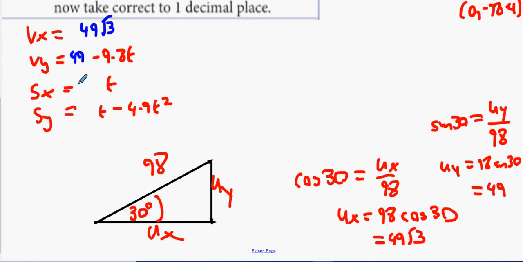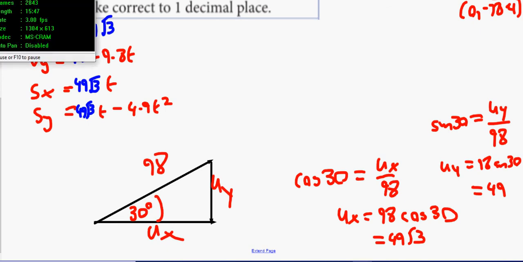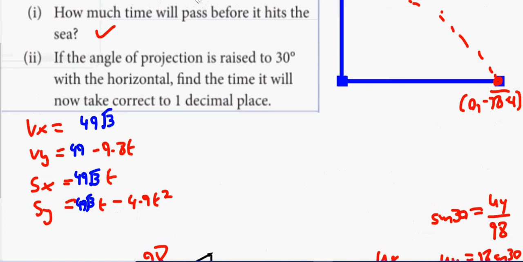Sx is 49 root 3 times t. And finally, Sy is 49t minus 4.9t squared. Right, I'll pause it there. For Sy, it's 49, not 49 root 3. Now, we'll take corrected to one decimal place.